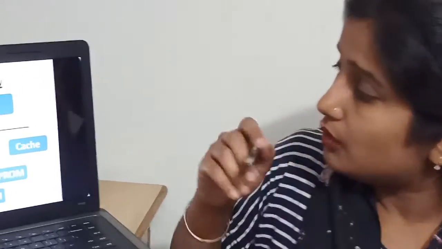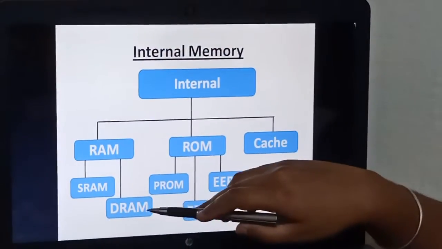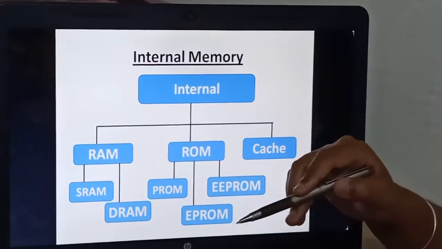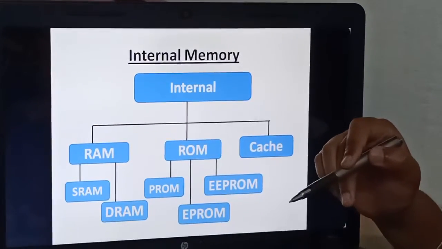So to get your data back again, you need to save it in the secondary memory, because primary memory cannot retain that data for a long time. It will retain your data only till your power is on. So DRAM needs to be refreshed again and again, and SRAM is more effective. It does not need to be refreshed.